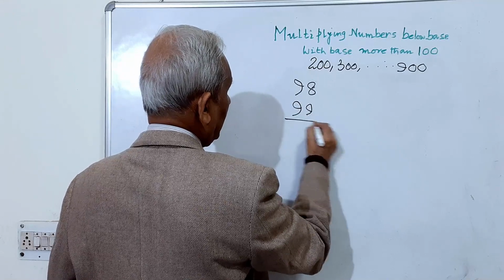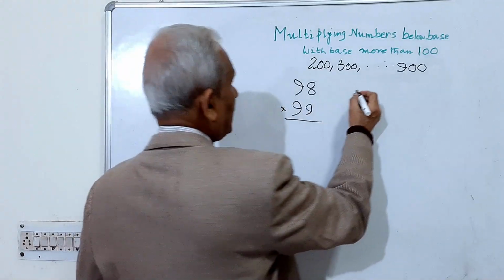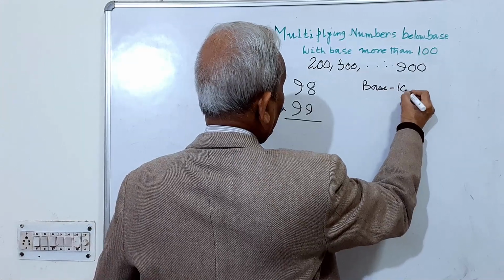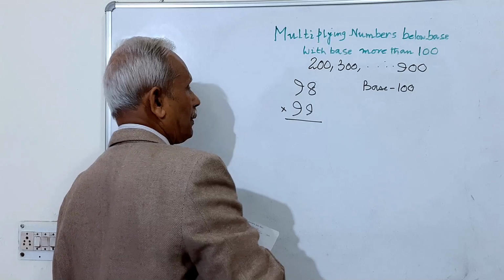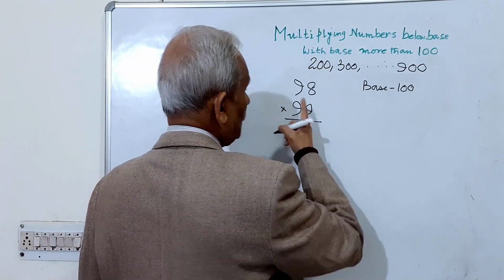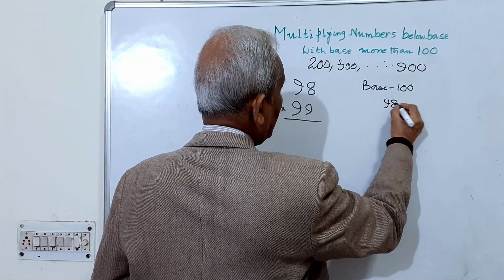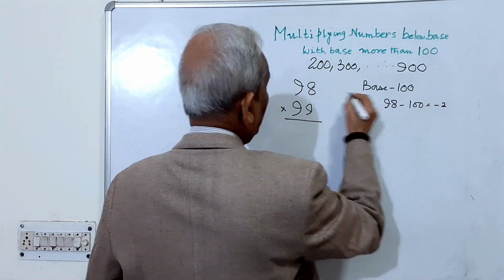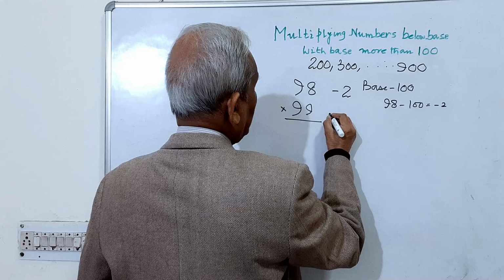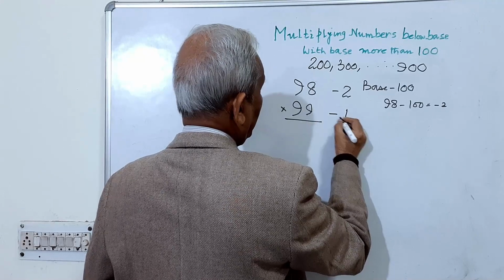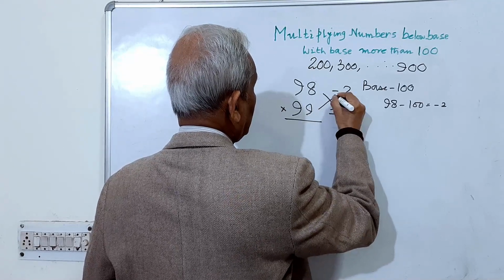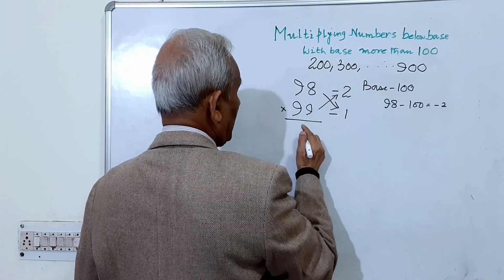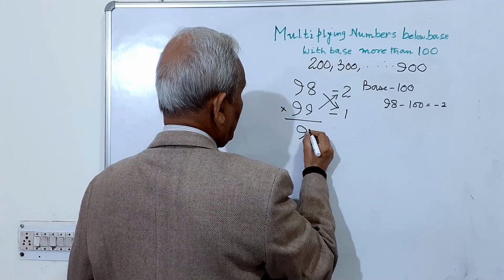Here the base is being taken as 100. When the base is 100, what we used to do: 98 minus 100 is equal to what? Minus 2. 99 minus 100 is minus 1. Cross subtraction tells you get 98 minus 1 is 97. 99 minus 2 is also 97. So you have to write 97 here.